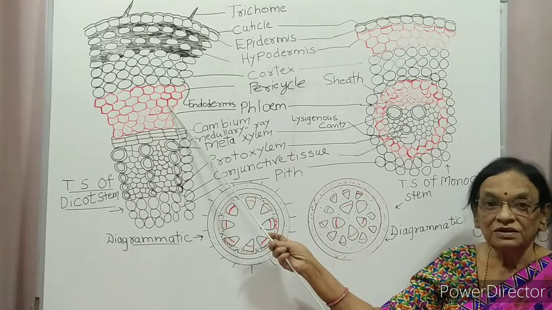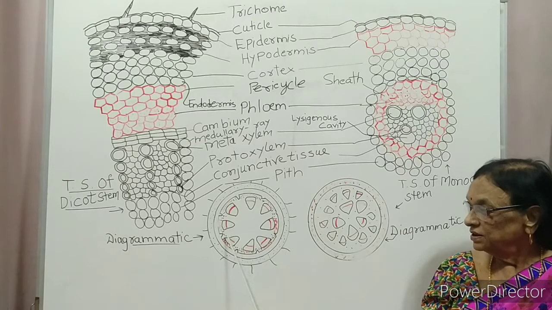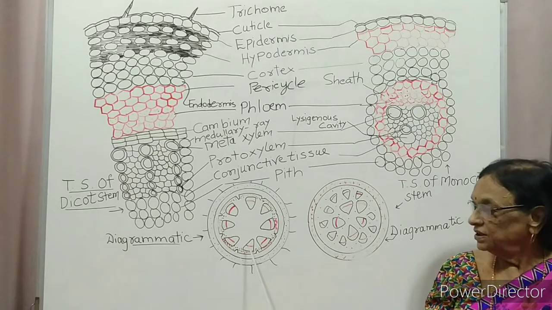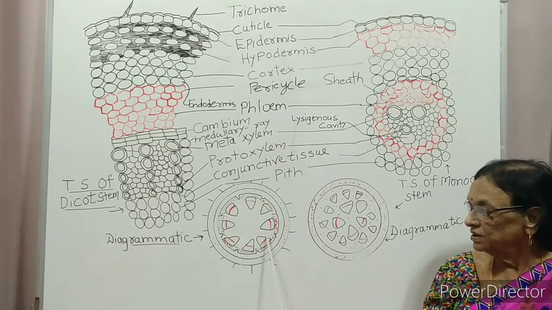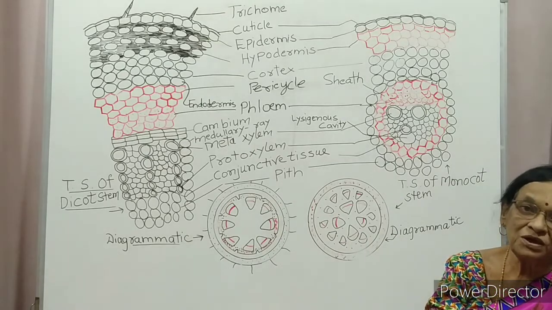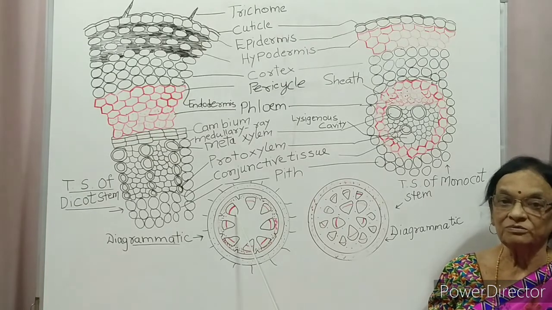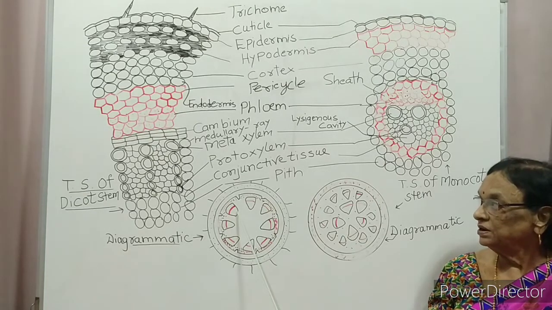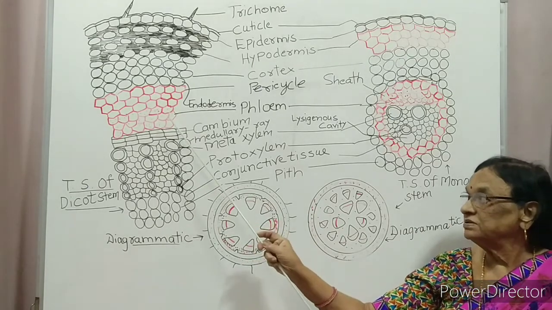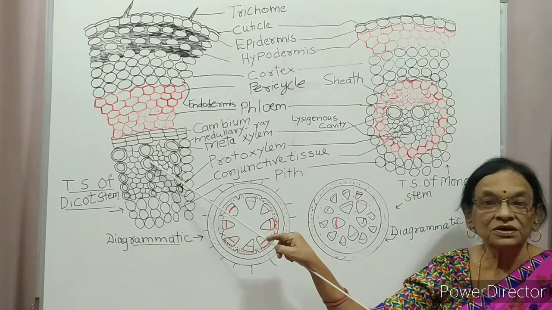After the pericycle is the conducting zone. The vascular bundles, meaning xylem and phloem groups, are situated in a ring. Can you see the ring of vascular bundles? So the dicot stem has a single ring of vascular bundles. How are phloem and xylem arranged in the vascular bundle? Phloem is towards the outside, xylem is towards the inner side.